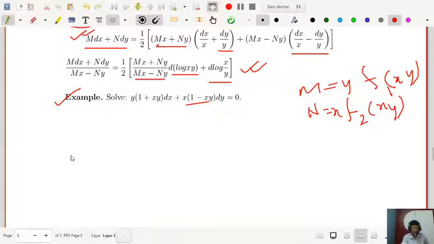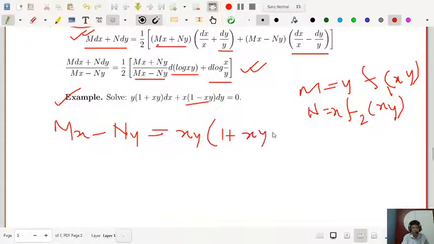Now let us calculate Mx minus Ny. So Mx, that will be xy, and inside the bracket I am taking xy common from both, because if you multiply x with M and y with N, it will be xy also. So 1 plus xy minus (1 minus xy).